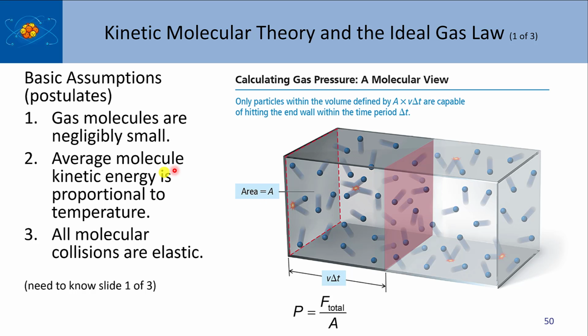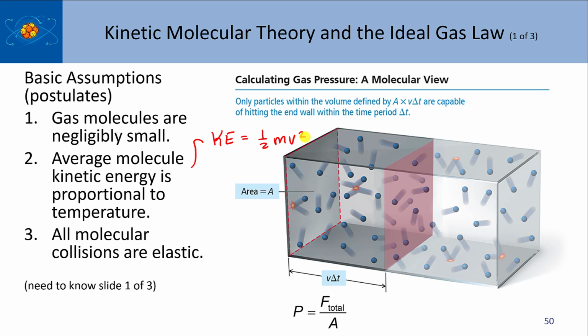That's one postulate. The second one has to do with the energy of the molecules. The average molecule's kinetic energy is proportional to temperature. And to back it up even further, the idea of kinetic energy is KE equals 1/2 mv squared.